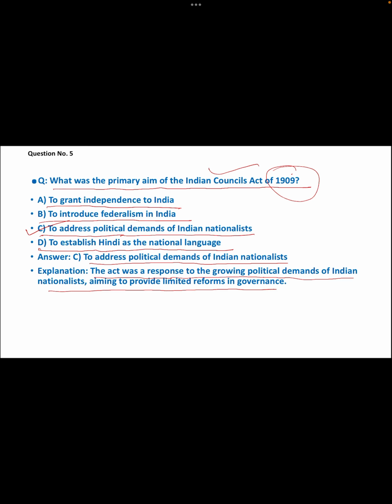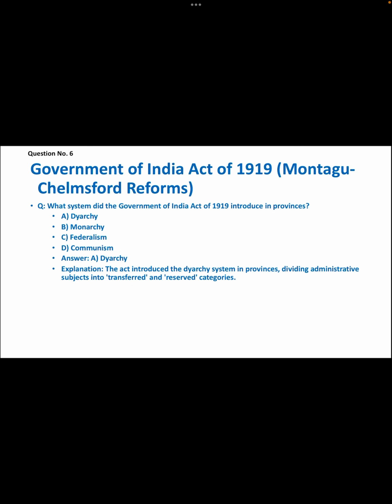limited reforms in governance. The next question is again about the Government of India Act 1919, that is Montagu-Chelmsford Reform. What system did Government of India Act 1919 introduce in provinces? Option A, diarchy, B, monarchy, C, federalism, D, communalism.